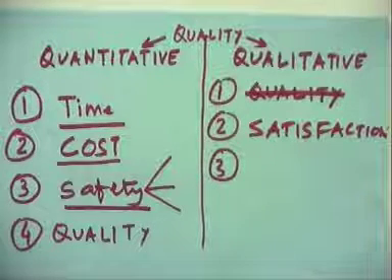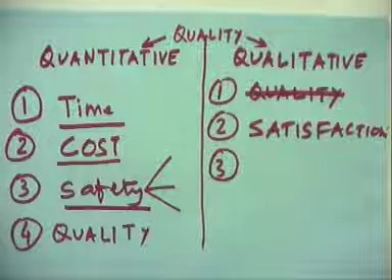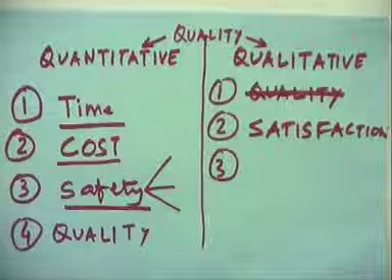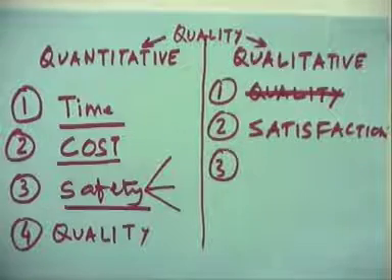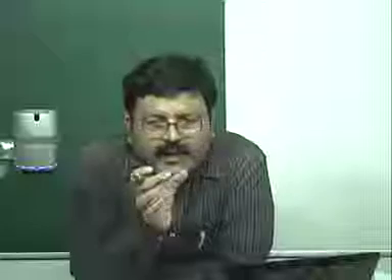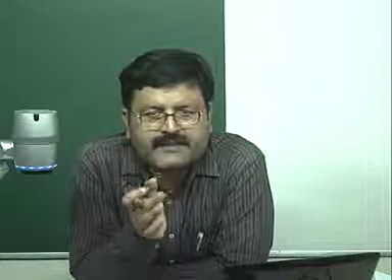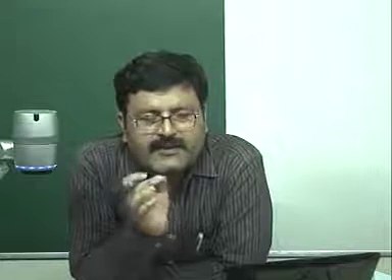So this was as far as the criteria to judge the performance of a project is concerned. Now there are certain factors which help a project to be successful. If you find that certain attributes are present in a given project, you expect it to be successful. Those parameters are known as success factors. On the same line, you have certain failure factors also.